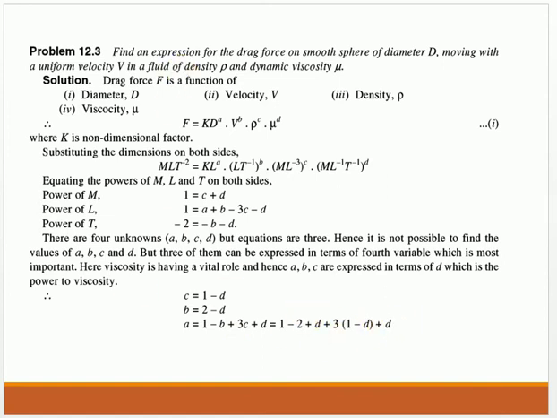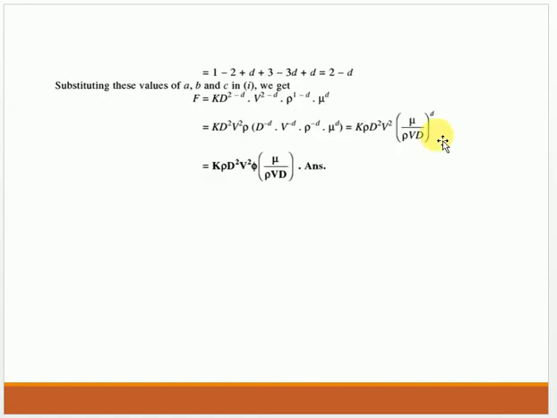If we simplify it, this will be equal to 2 minus t.